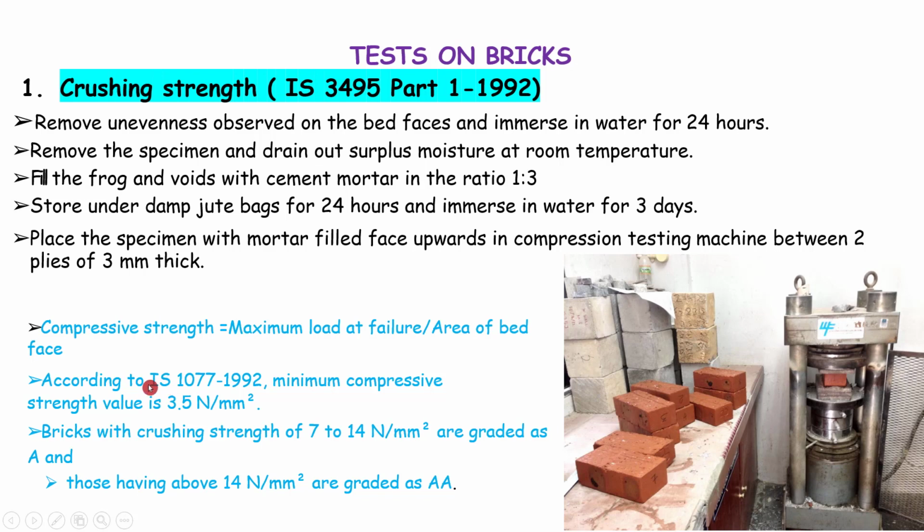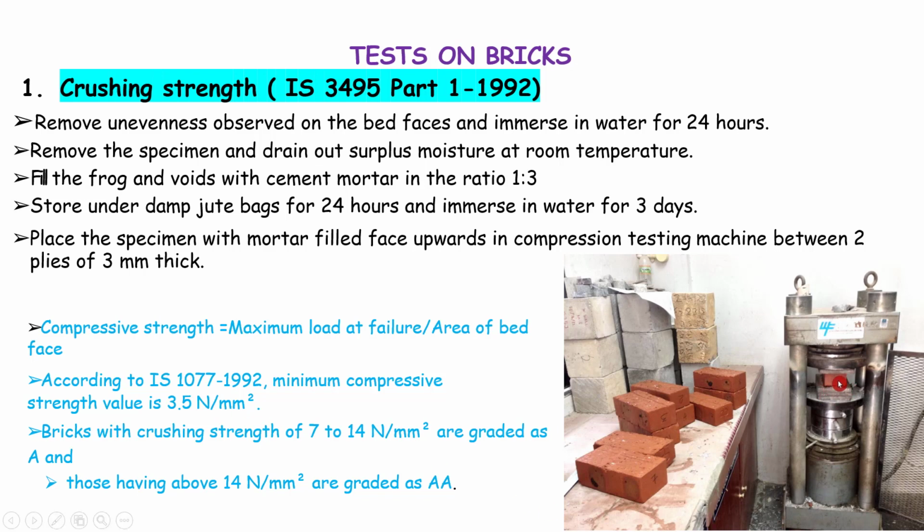So there are some classifications of brick based only on the compressive strength also. The first class, second class, third class, and fourth class were based on different criteria, right? So suppose we are thinking only about the strength.